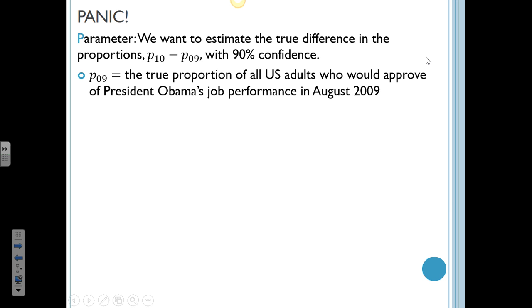So I want you to think about this phrasing right here. Who would approve? Because you didn't ask every U.S. adult in 2009. You just asked a random sample. So if you were to go back to, quote unquote, 2009, hopefully that sample is going to be representative of all U.S. Americans who approved of the job he was doing in 2009.